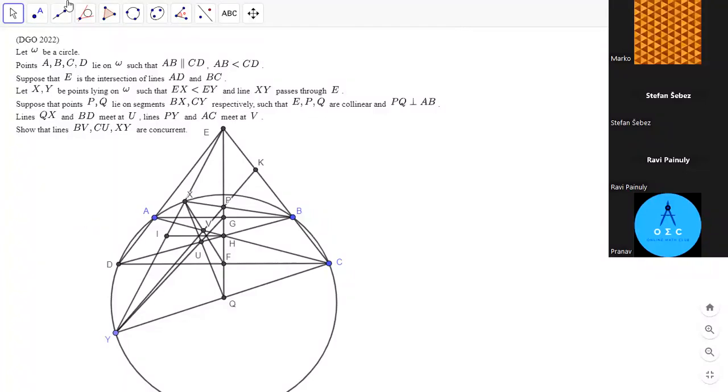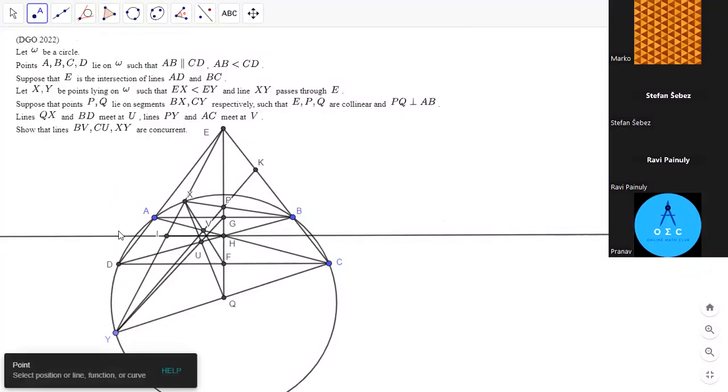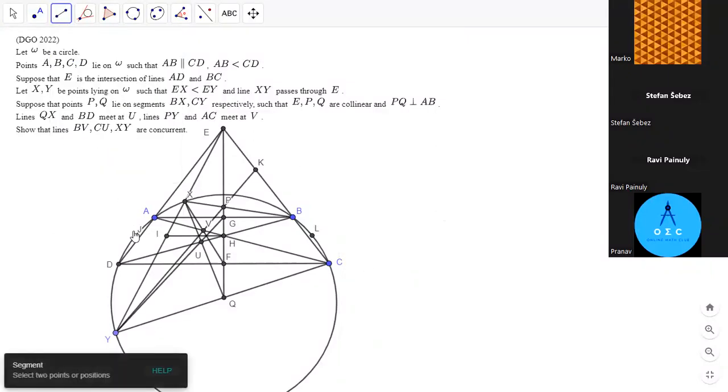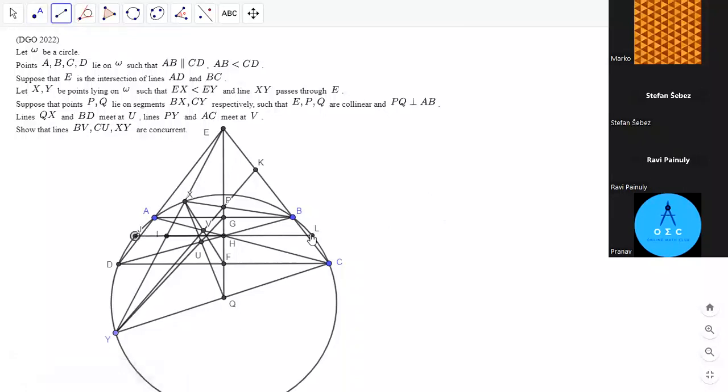Maybe it's worth drawing these points right here, because then we know that this is a harmonic quadrilateral, XJLY. And maybe we can project that by Brocard onto XBCY. Interesting.